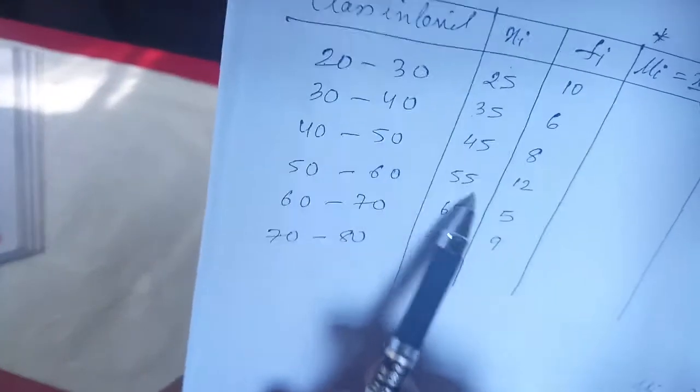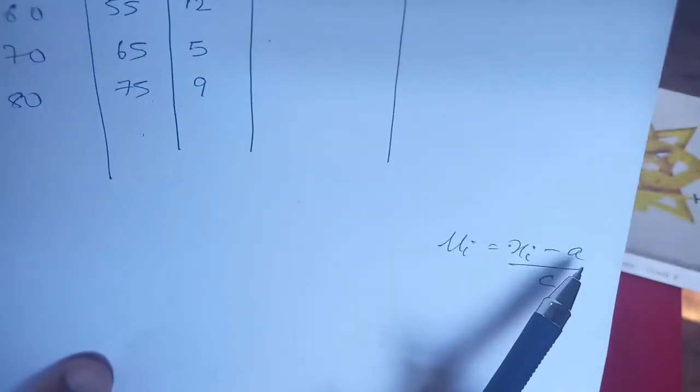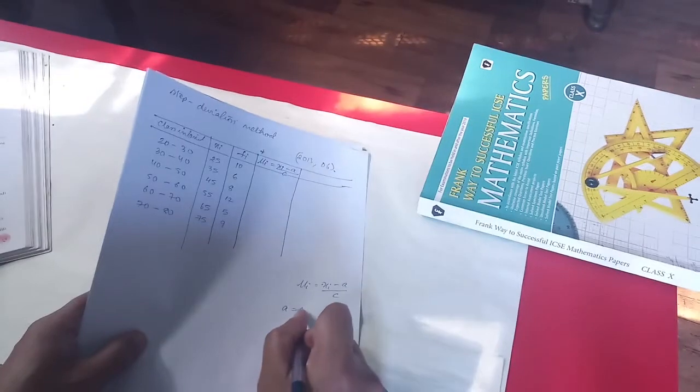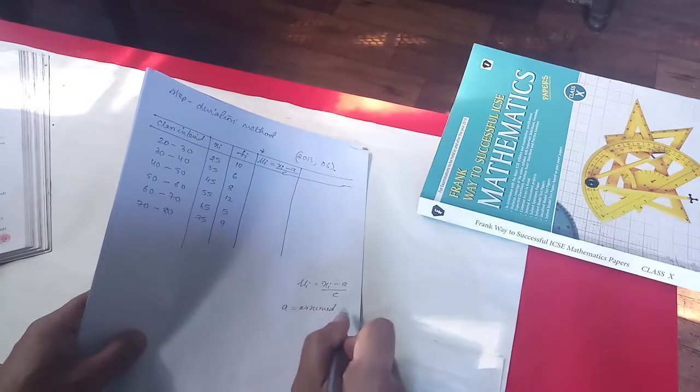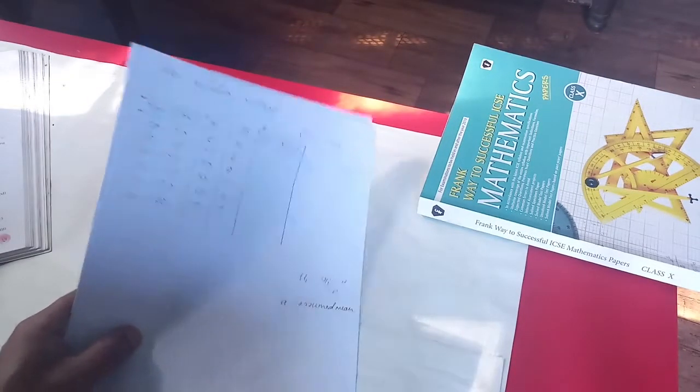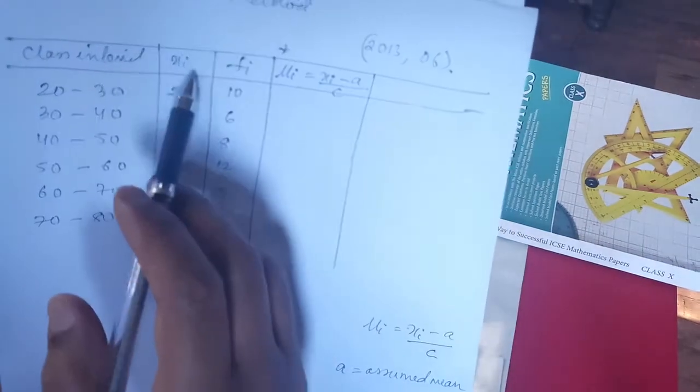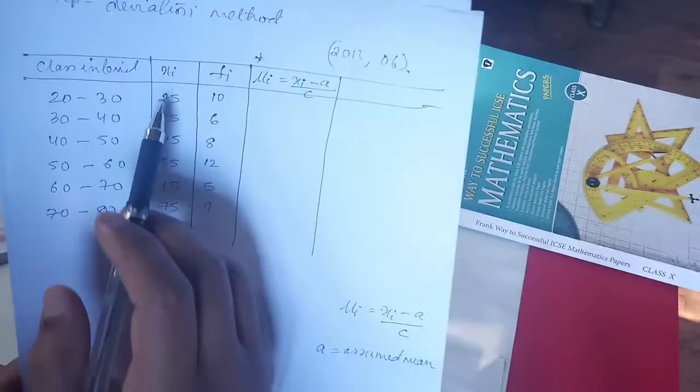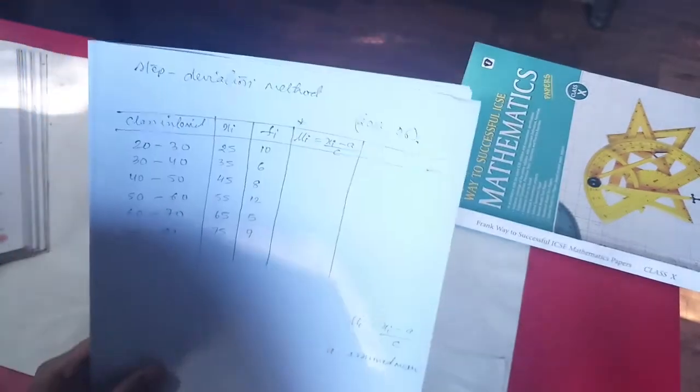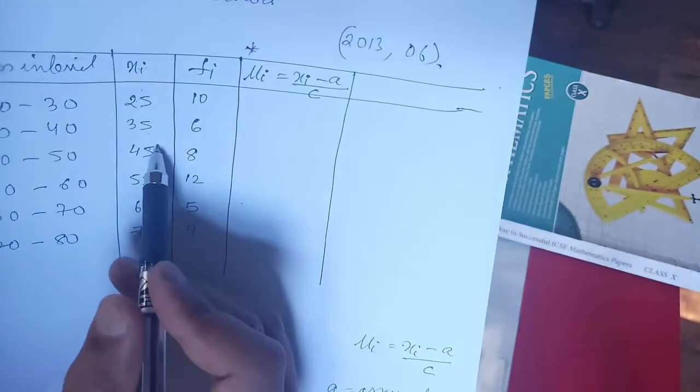Now xi, if you see here, xi is this value. We know 25, 35. This is xi. Now what is a? A is taken as the assumed mean. We will assume one value from xi only. Usually we will take the mid value. So the assumed mean here, we will take it as 45.